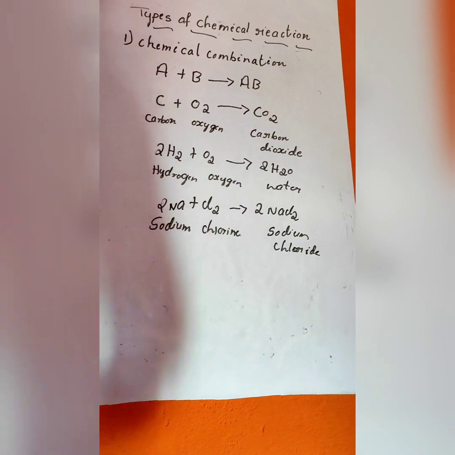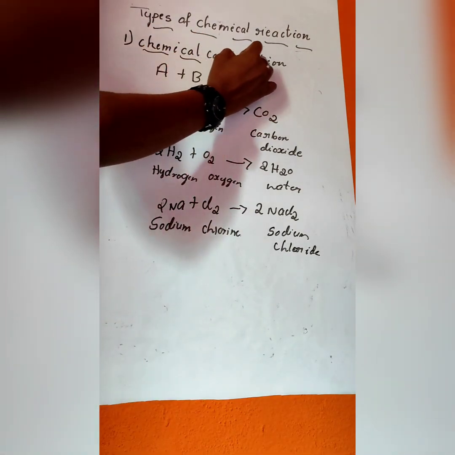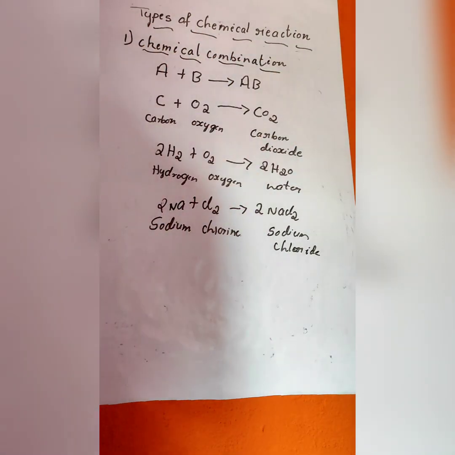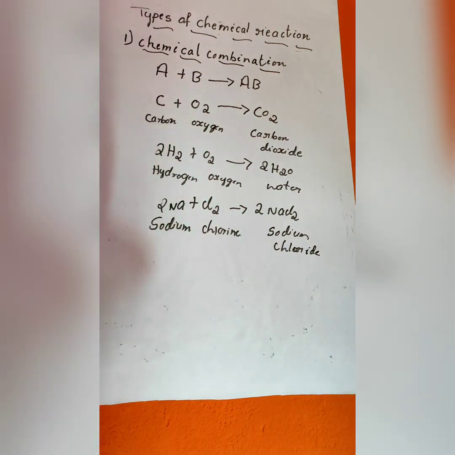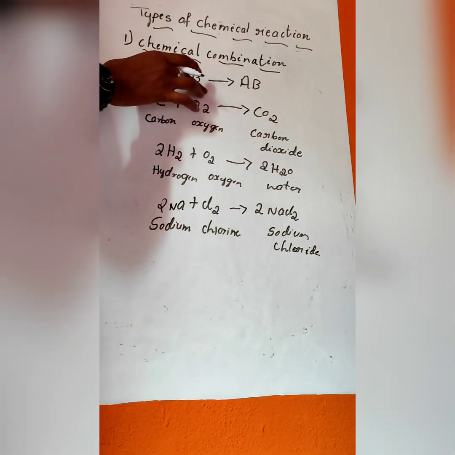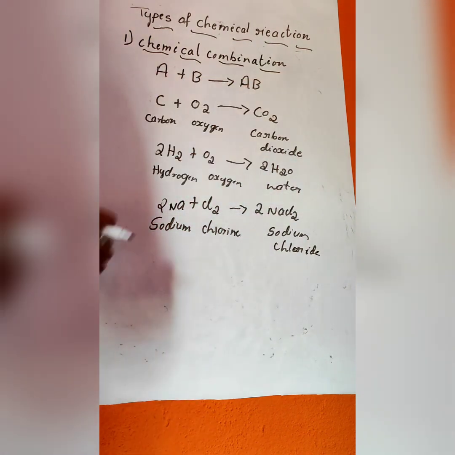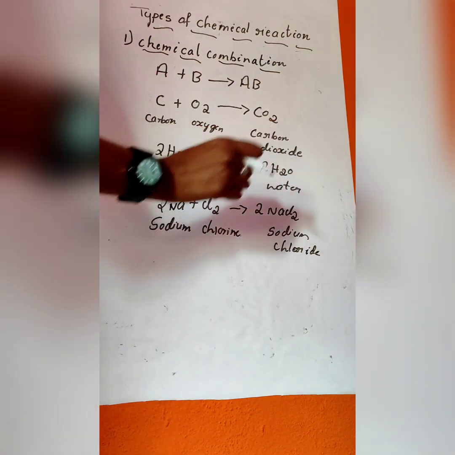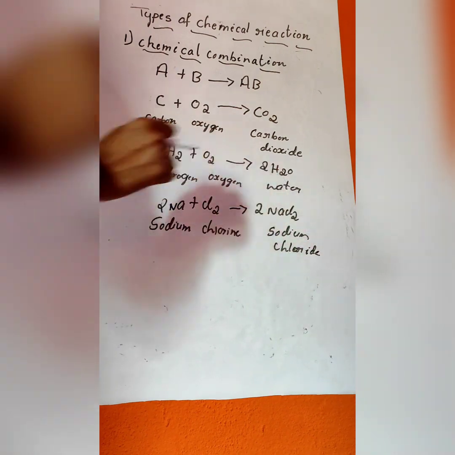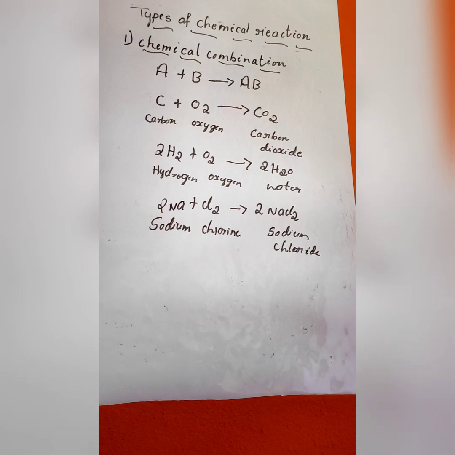So all these three are examples of chemical combination reaction. Still many are there. Magnesium is combining with oxygen forming magnesium oxide. So many examples you can write. The concept is two elements combining forming a new compound. Remember.